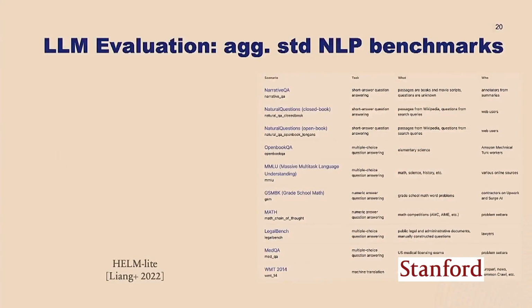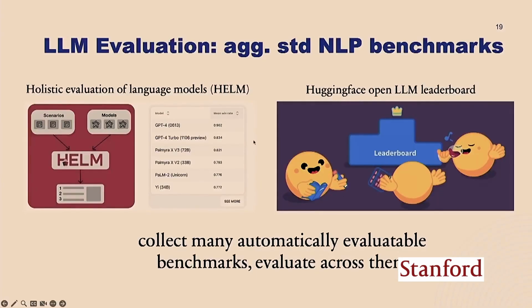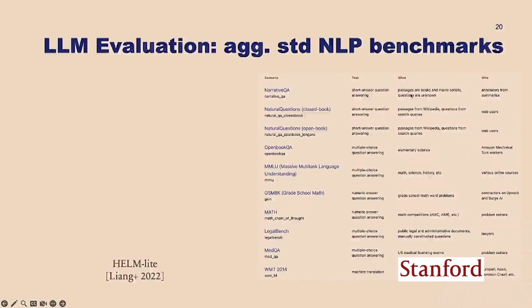One such benchmark, or actually two, are HELM, which is from Stanford, and the Hugging Face Open LLM Leaderboard, which are probably the two most common ones right now. Just to give you an idea, in HELM there are all of these types of tasks, which are mostly things that can be easily evaluated, like question answering. So think about many different question answering tasks.